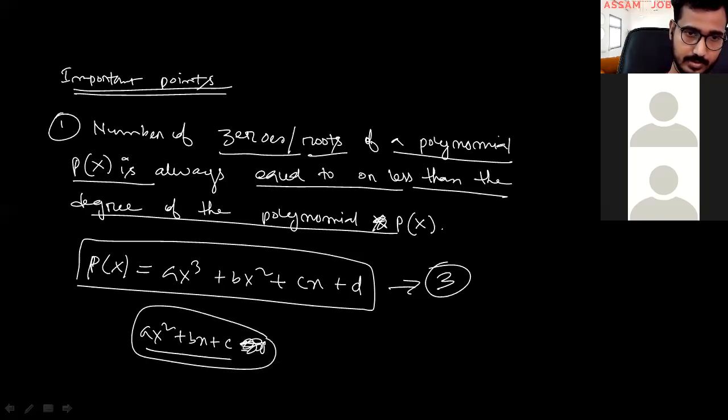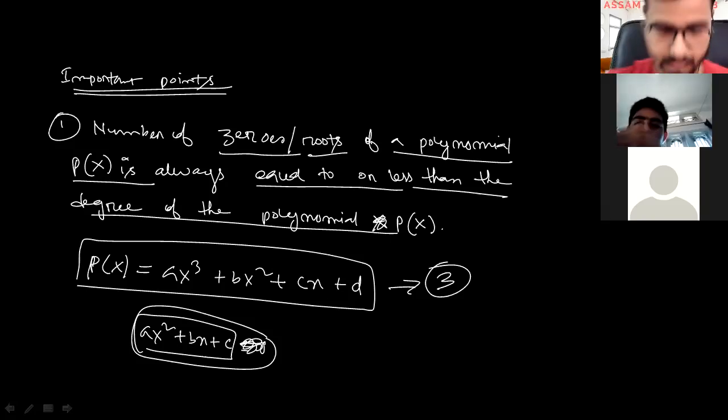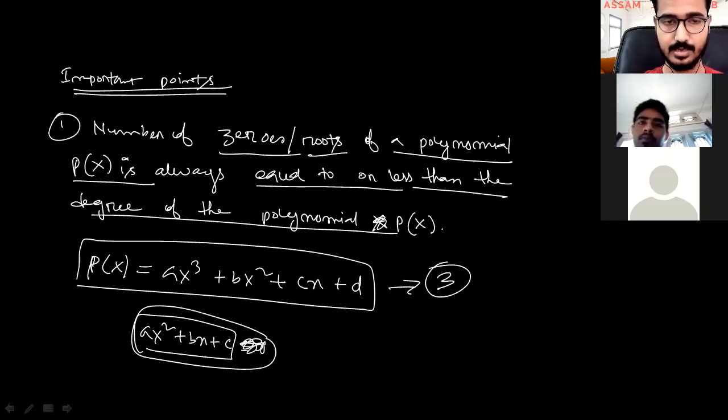The number of roots of this quadratic polynomial is always equal to 2 or less than 2. It cannot be 3 or 4, because 3 and 4 are greater than 2, and the point already says that the number of zeros of the polynomial is always less than or equal to the degree.